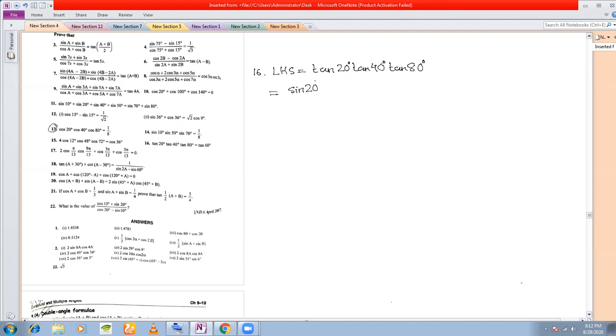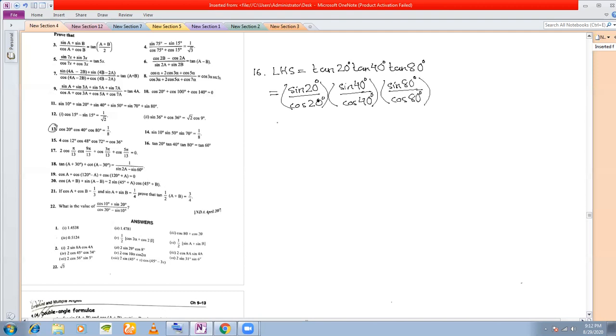So tan 20 is sine 20 by cos 20. Tan 40 is sine 40 by cos 40. This is sine 80 by cos 80.